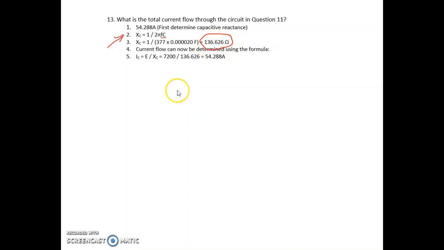Now we can use that value in Ohm's law to determine current flow, and that's this step here, step 5. So current flow equals voltage divided by capacitive reactance equals 7200 volts divided by 136.6 ohms, and that gives 52.3 amps of current.